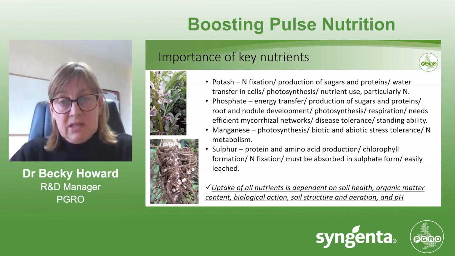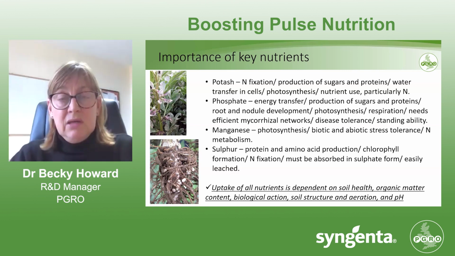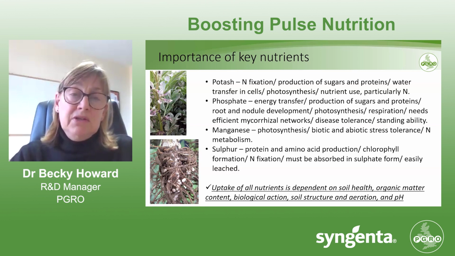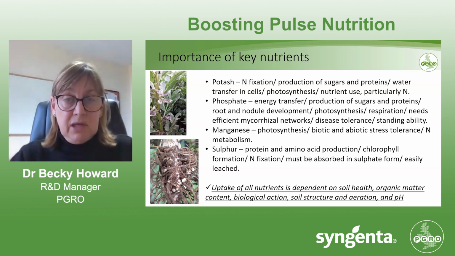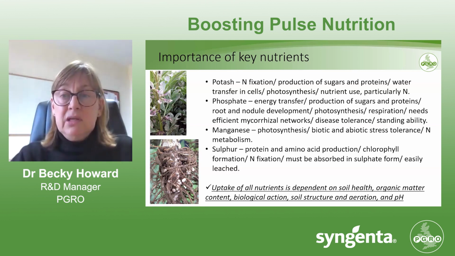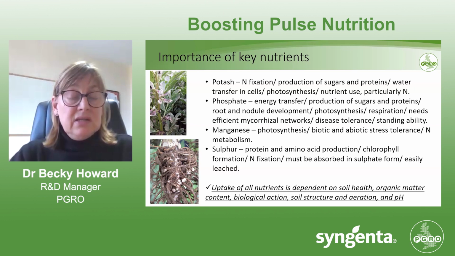Manganese I'll talk about because it has specific implications, particularly in peas. Generally, it's implicated in photosynthesis, biotic and abiotic stress tolerance, and nitrogen metabolism. And sulfur is important for protein and amino acid production, chlorophyll formation, and again, nitrogen fixation. Sulfur is easily leached.